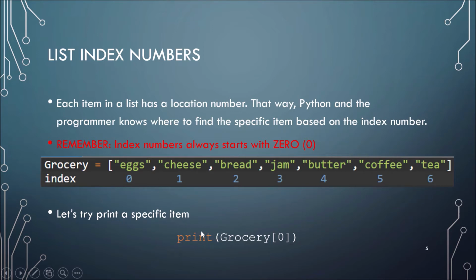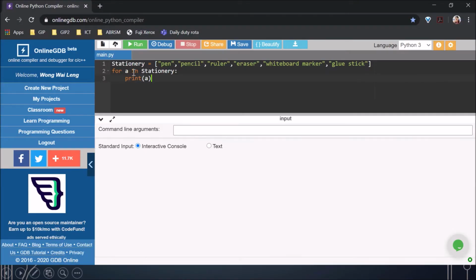We can print a specific item one at a time using the print function and writing down the variable, square bracket and the index number. So let's give this a try. In this program so far, I have print in a for loop, where I print all the items.